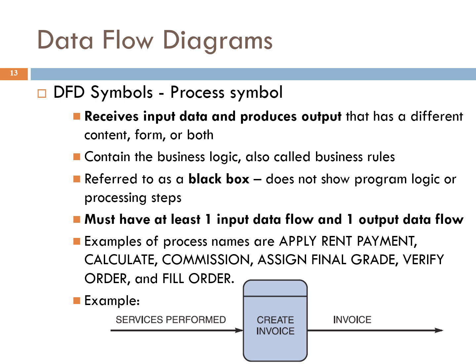It must have at least one data input and one data output flow. Examples of process names: apply, rent, payment, calculate commission, and so on. The example of a process drawing is shown on this slide.